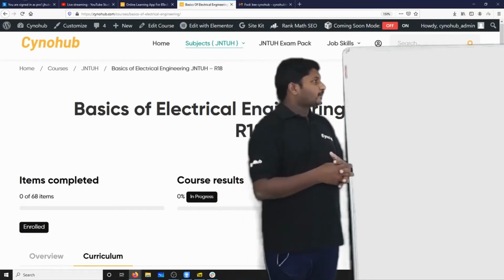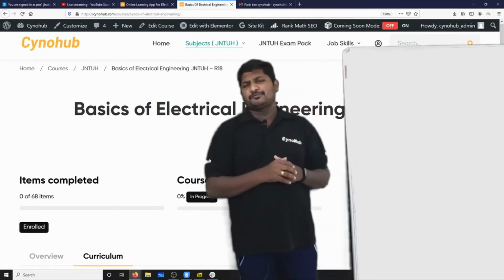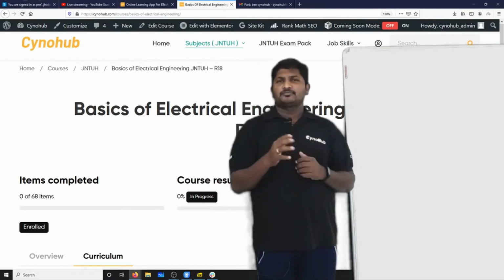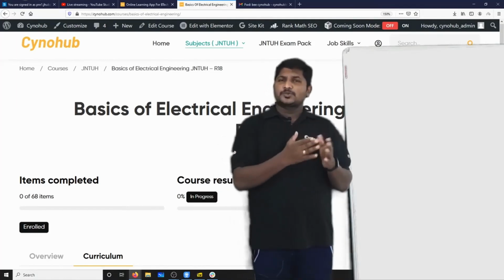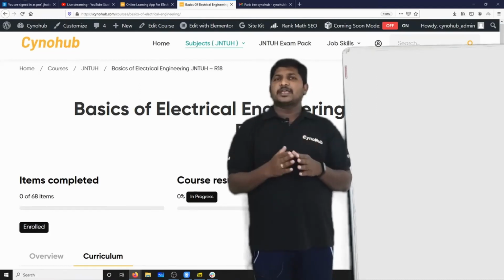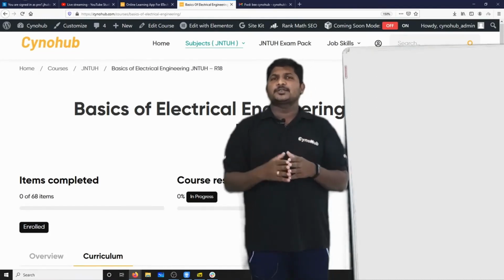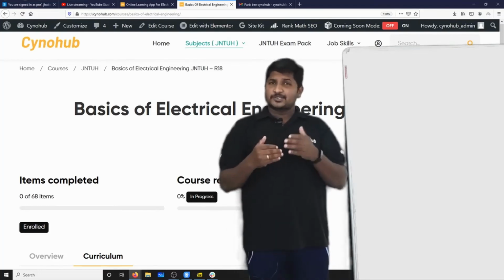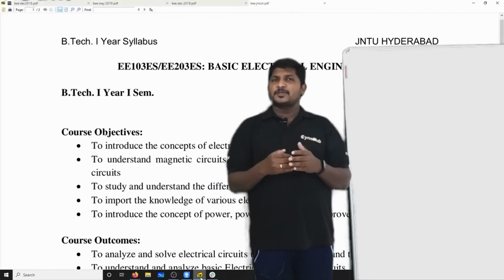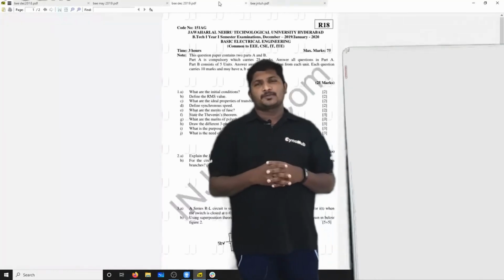In total we have 5 units. Unit 1 is DC circuits, unit 2 is AC circuits, unit 3 is transformers, unit 4 is different types of electrical machines, and unit 5 is switchgear components.